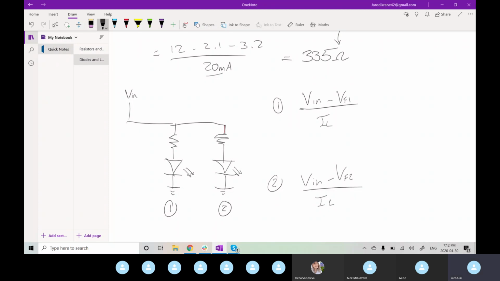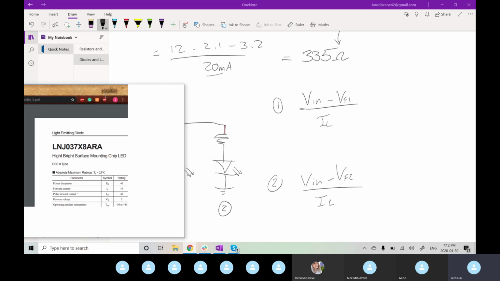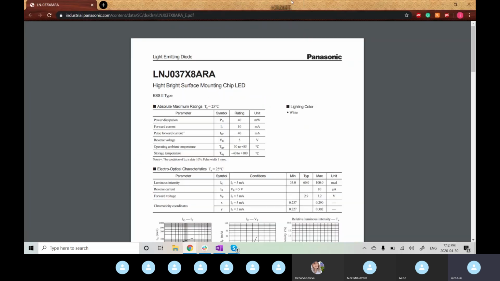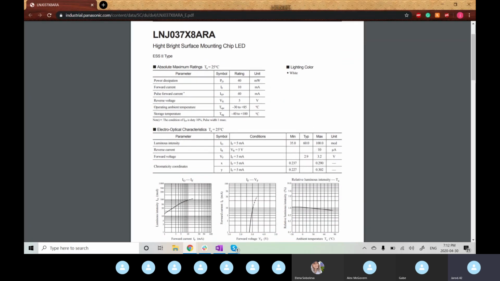Okay. Pull up an LED. Okay, everything. So we have a white LED data sheet in front of you.